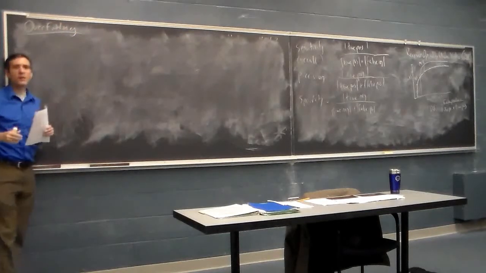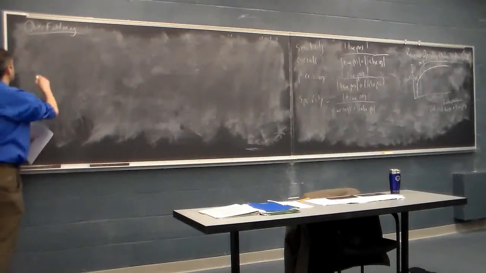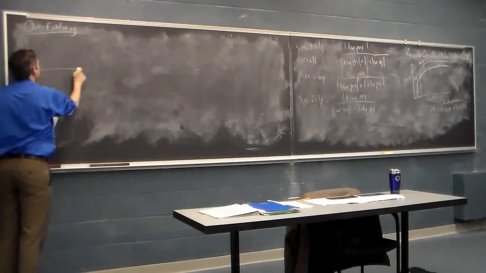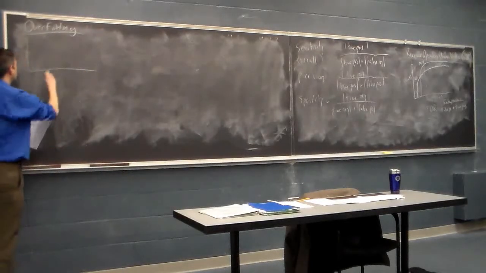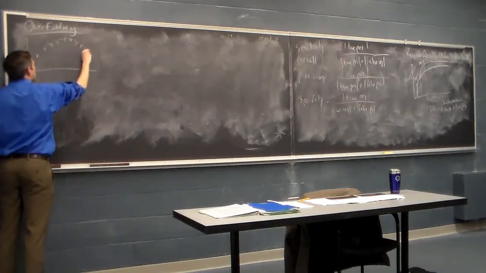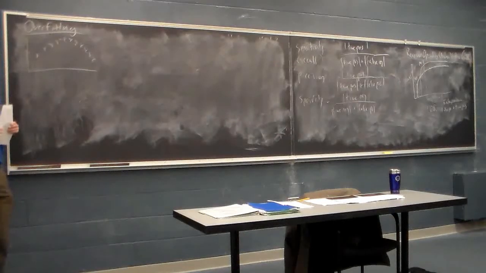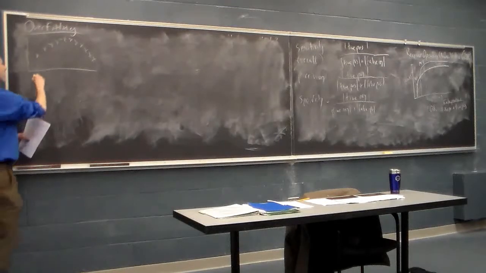So does anyone remember what overfitting is? Overfitting is something we had encountered when we looked at interpolation and extrapolation. So that would basically be the problem that if we've got lots of noisy data, if you try to learn too complicated a model, you often end up fitting the noise rather than the actual trend in the data.